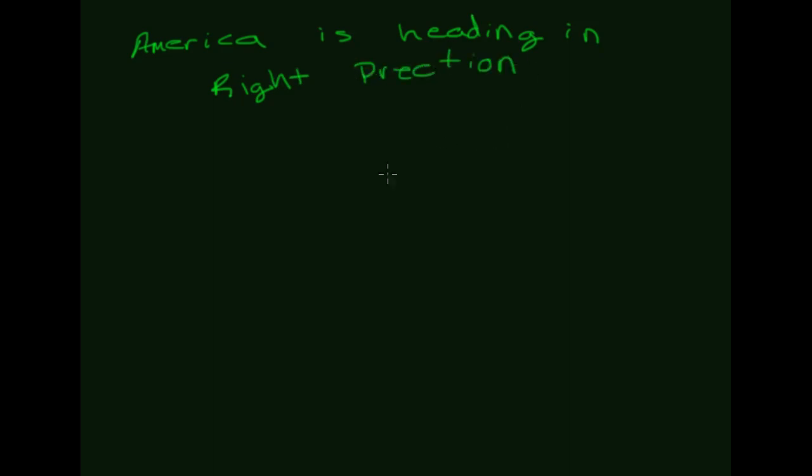And we find that 35% of the people in America, not a good number, believe that America is heading in the right direction. So we're going to call this P, right? This is the percentage of the people in the entire population that believe this is true, and that's 35%.